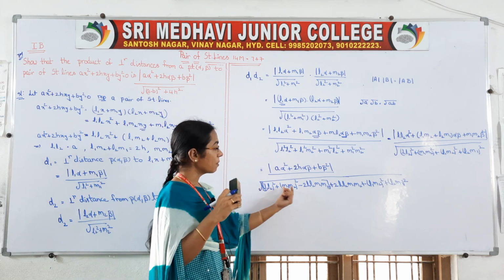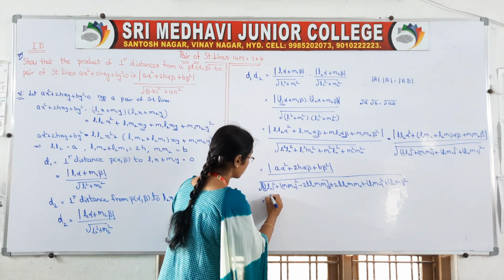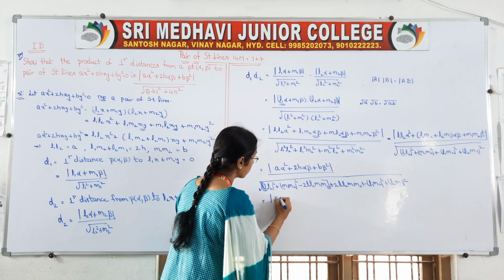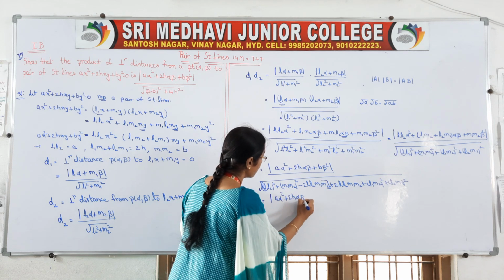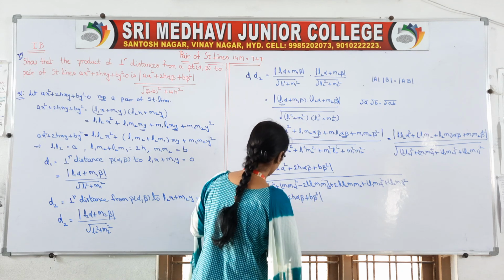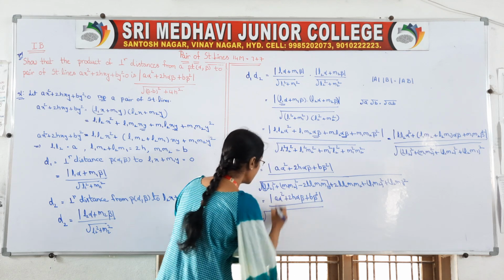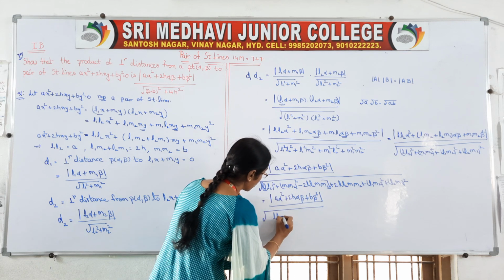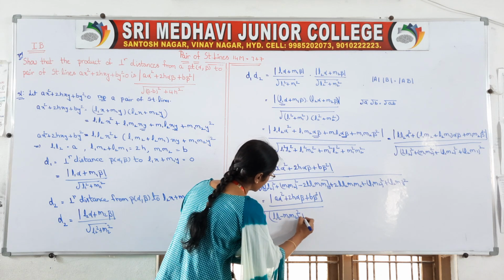That means this minus this whole square. So it is equal to modulus of a alpha square plus 2h alpha beta plus b beta square by root of L1 L2 minus M1 M2 whole square.